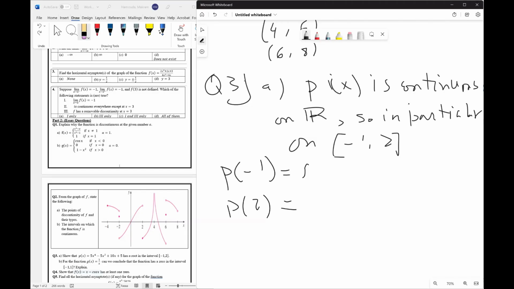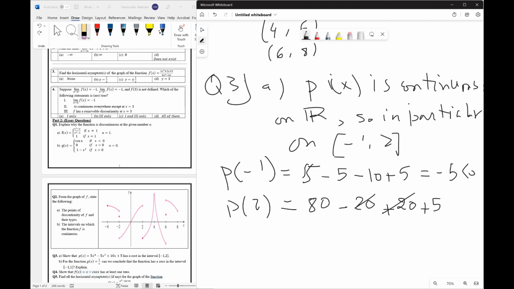P of minus 1 is equal to 5 minus 5 minus 10 plus 5. So it is equal to minus 5. This is negative. And p of 2, 2 power 4, that's 16 times 5, that means 80, minus 4 times 5, 20, and plus again 20 plus 5.